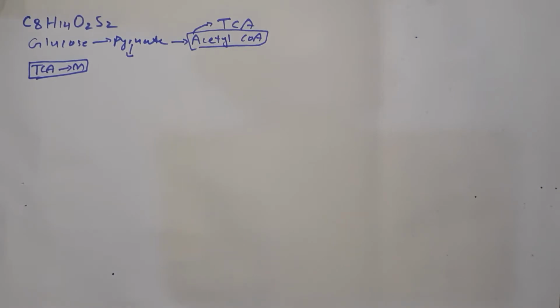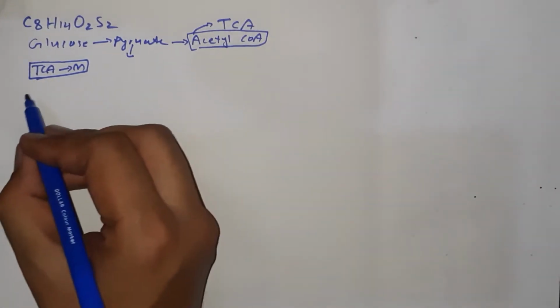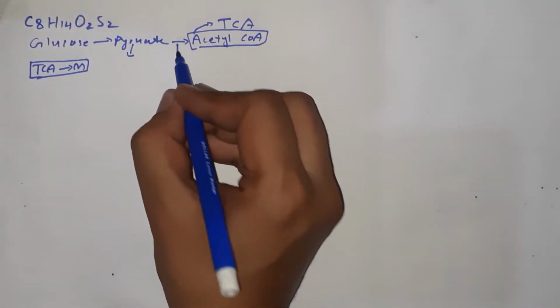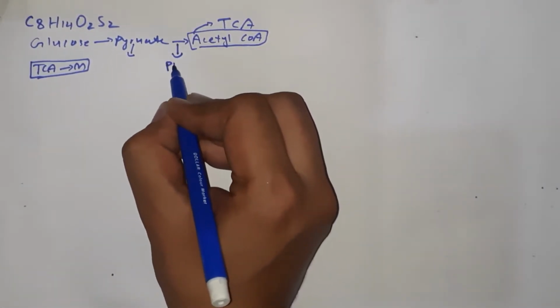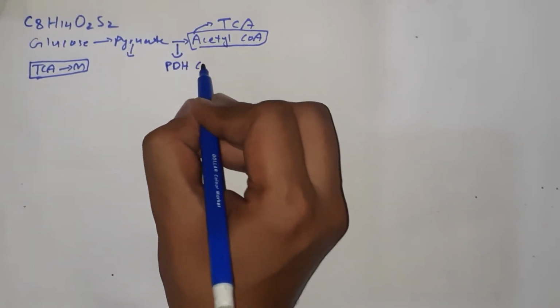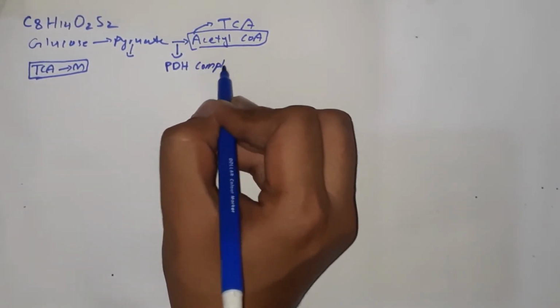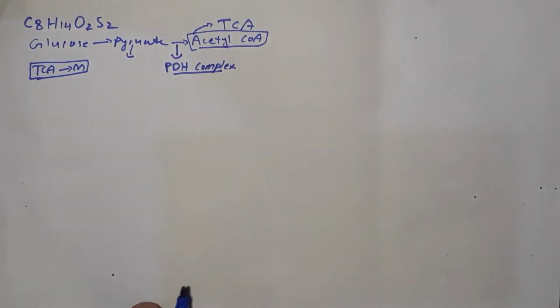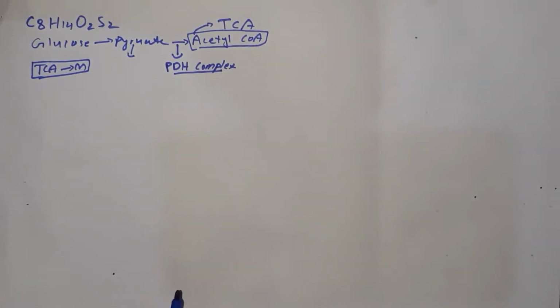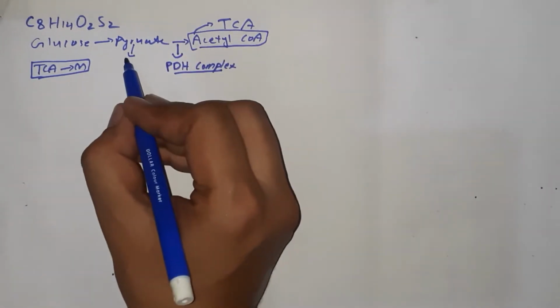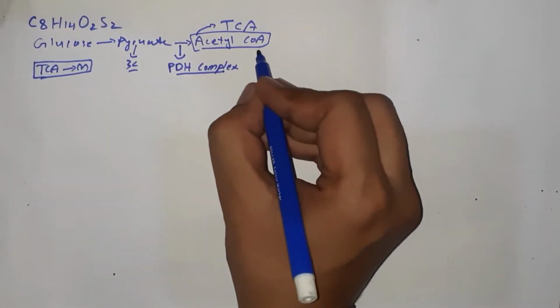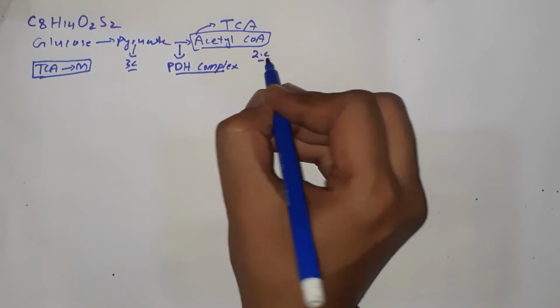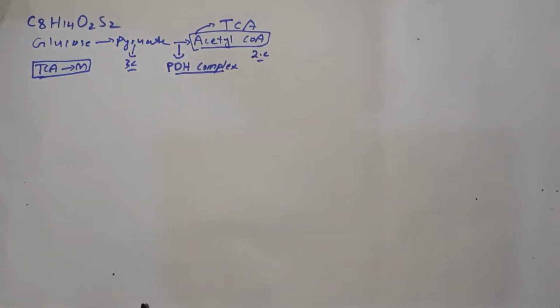Once pyruvate is inside the mitochondria, it is converted into acetyl CoA, and this reaction is catalyzed by the PDH complex or pyruvate dehydrogenase complex. PDH complex is a complex of different enzymes with different catalytic activities, which catalyze the conversion of pyruvate to acetyl CoA. Pyruvate is a 3-carbon compound, and acetyl CoA is a 2-carbon compound. So basically, one carbon is released in this process in the form of carbon dioxide.